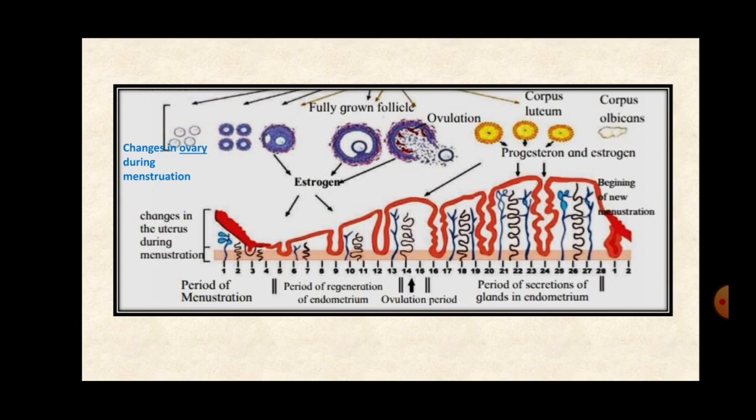Now the endometrium, if you see, is ready for the implantation of the embryo. This endometrium is quite thick for the implantation of the embryo, which also protects the embryo in the uterus. The fourth phase, if you see, is the period of secretions of glands in the endometrium.